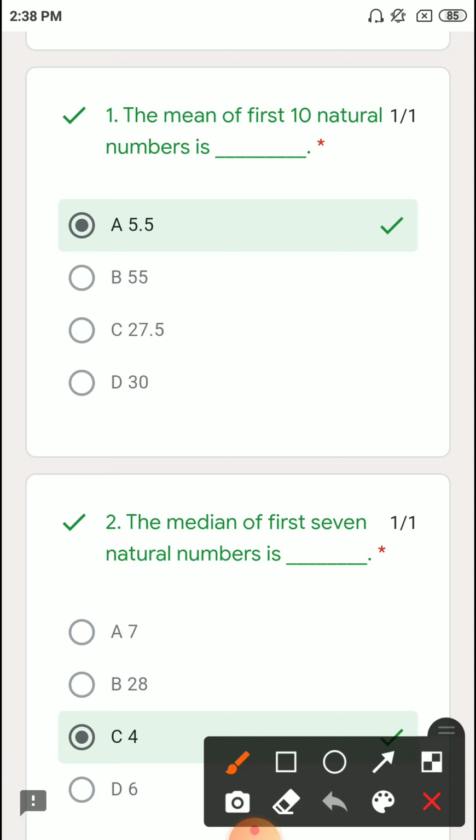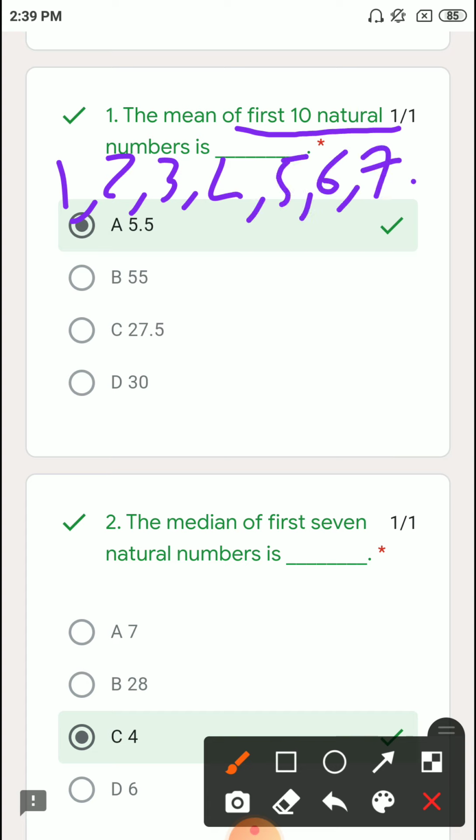So here we need to find the mean of first 10 natural numbers. So first of all, write down the first 10 natural numbers. So it's 1 2 3 4 5 6 7 8 9 and 10. Okay, now mean is represented by x bar.